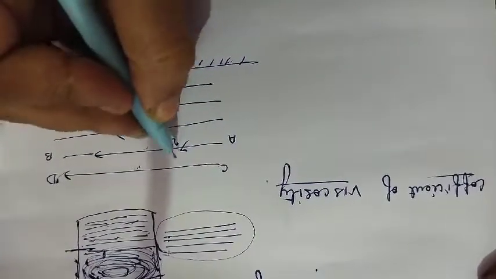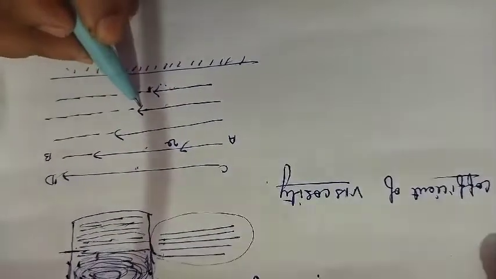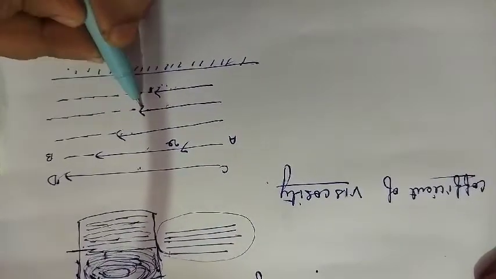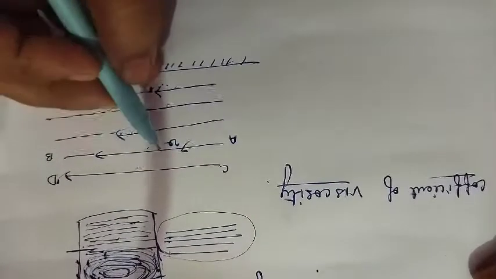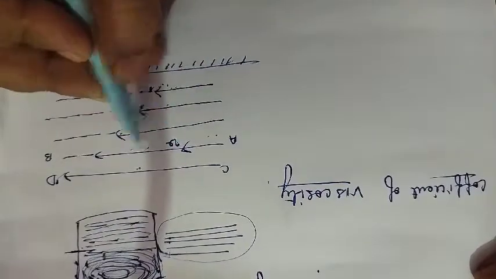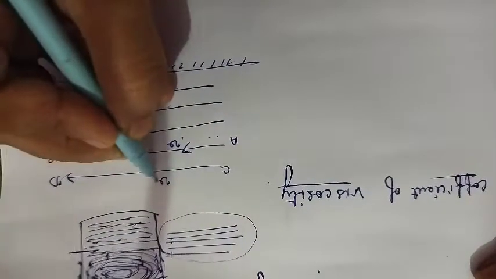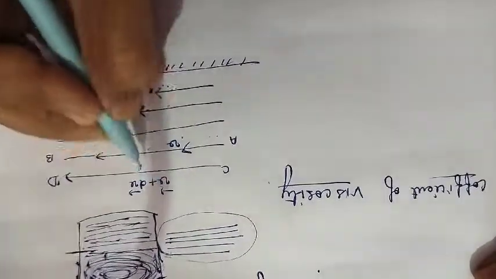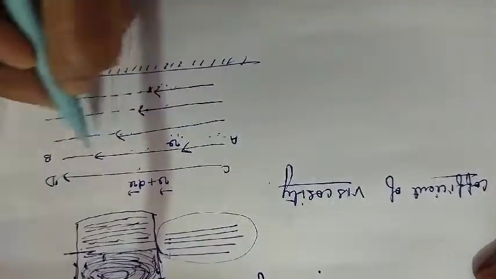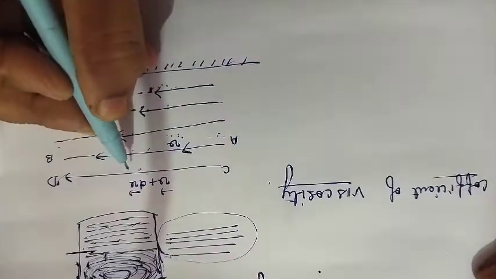We are comparing only two layers here, though there are different layers of water, and each layer opposes the motion of the other layer.